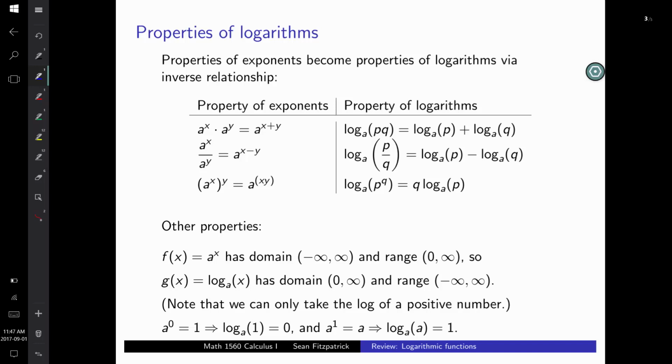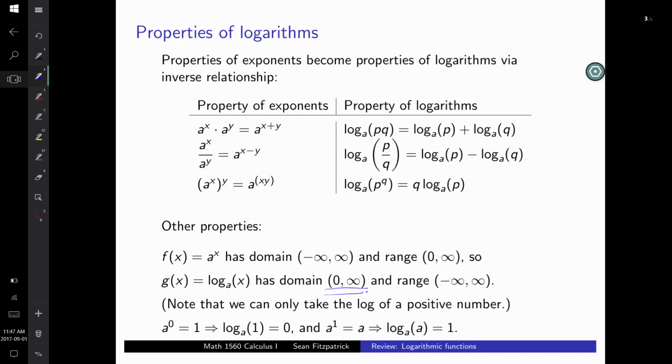Since the job of the log function is to tell us what the outputs were from the exponential function, if the exponential function has only positive outputs, that means the log function can only accept positive inputs. So the domain of the log function is positive numbers. But any number can come out, so the range is everything.